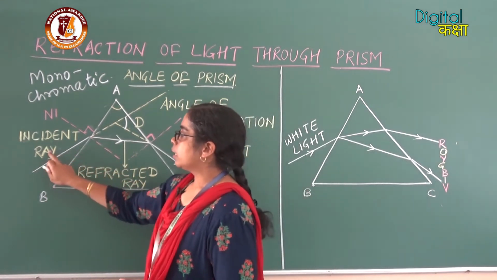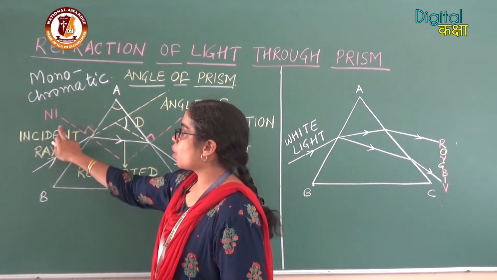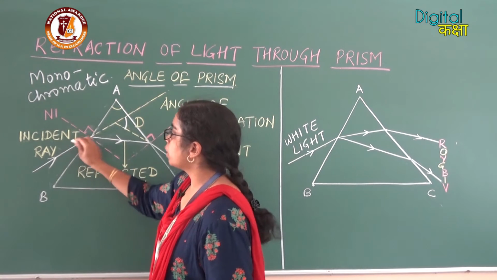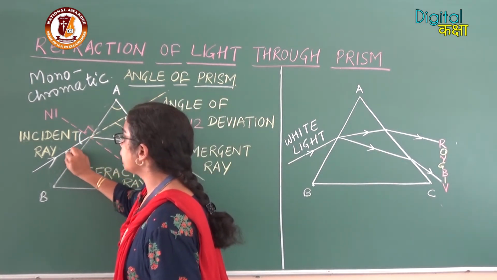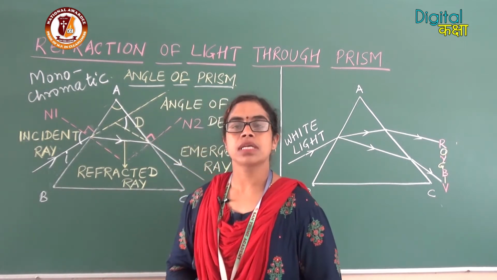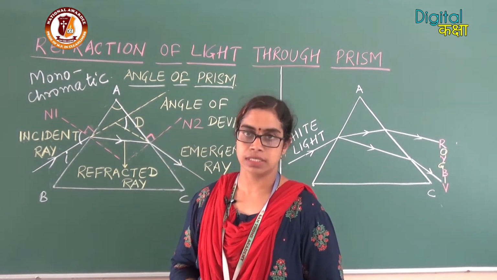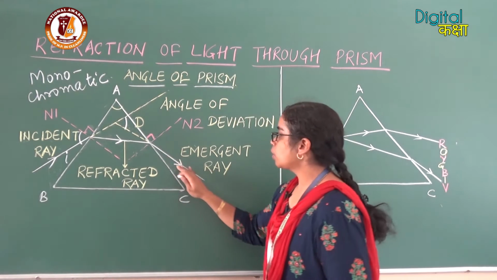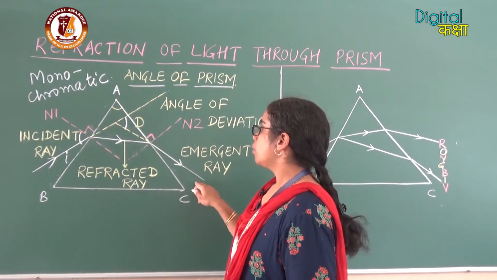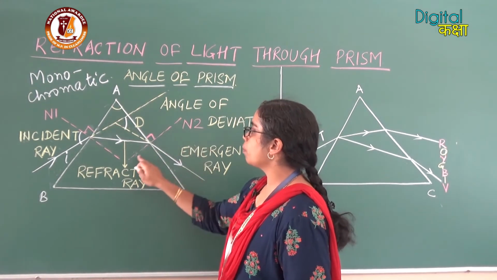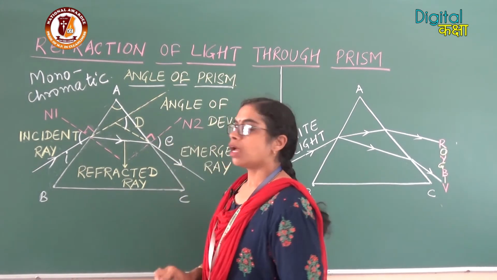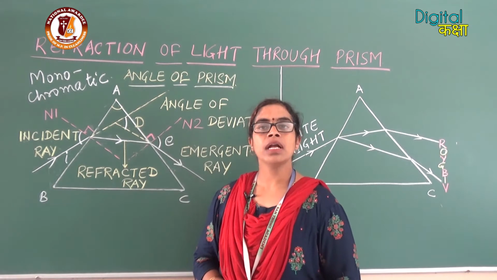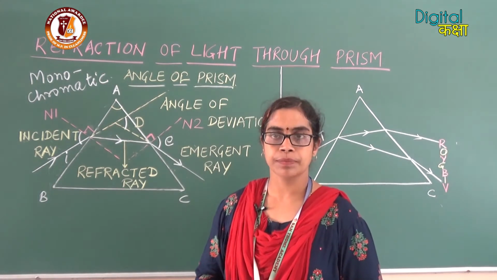Now here, the angle formed between the incident ray and the normal is represented by I and is called the angle of incidence. The angle which the emergent ray forms with the normal is labeled E and is called the angle of emergence.